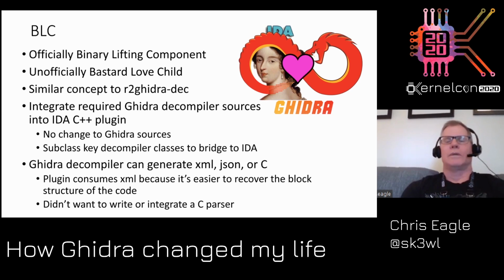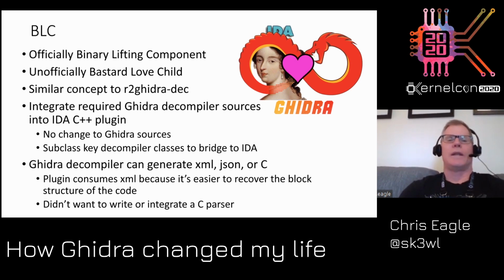Compiled extensions to IDA are all C++, so it's pretty straightforward to pull in other C++ and integrate it into IDA. It would be a little more difficult to do in Python. You'd probably be back to shelling out and doing some pipe communication. There are actually blog posts out there that talk about reverse engineering that protocol and trying to interface to the decompiler using techniques such as pipes.